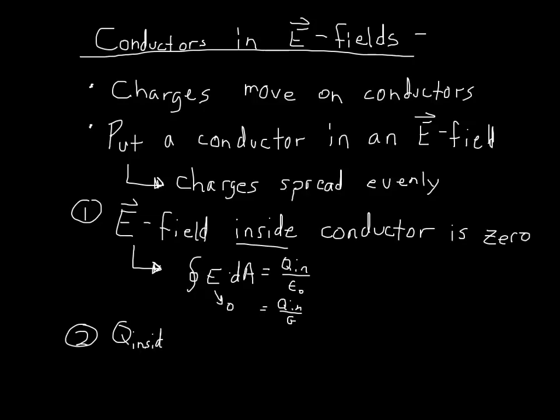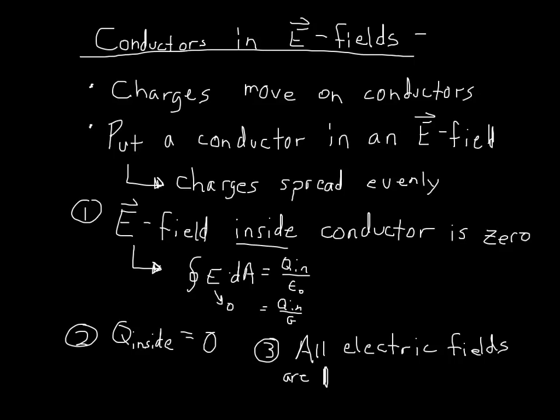The total charge resting inside of a conductor is equal to zero. And the last thing this means is that all electric field lines for a conductor point away from the conductor, and they point away perpendicularly. All electric fields are perpendicular and point away from a conductor.